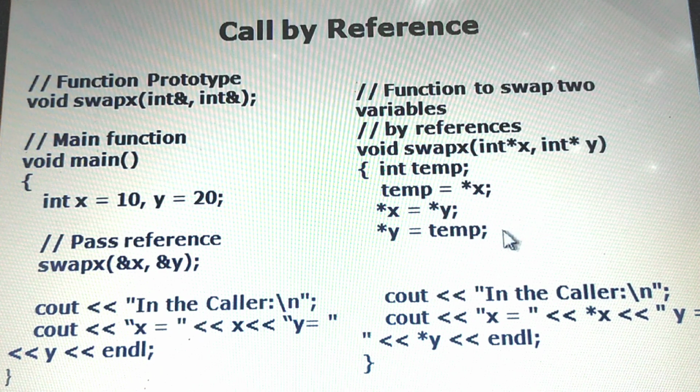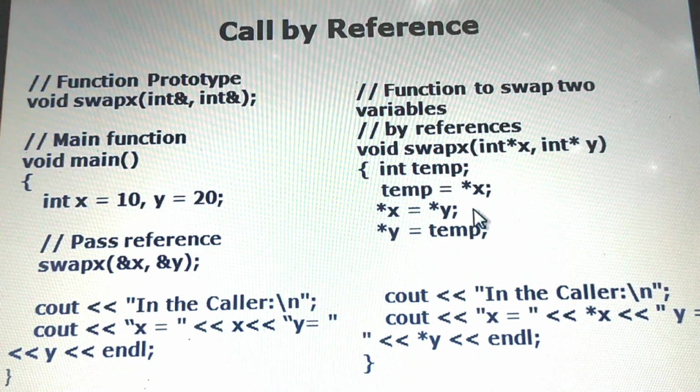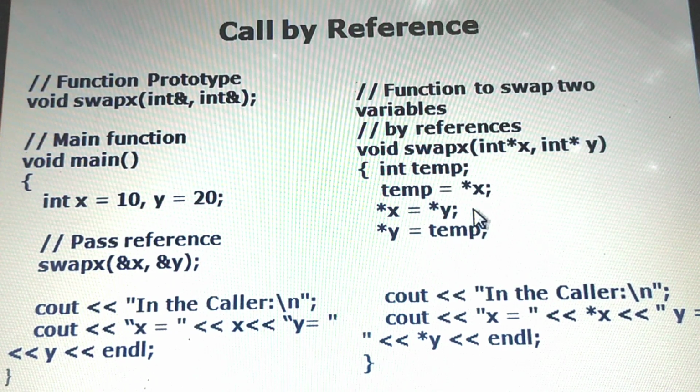Whatever changes we have done in the function will be reflected in the main program. Using reference, the values are interchanged here, and the same changes will be reflected here also.